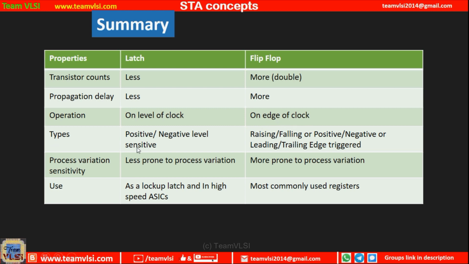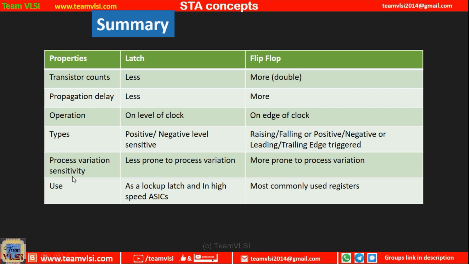Types: latches are generally positive or negative level sensitive latches. Flip flops, we say, are rising or falling, or positive or negative, or leading or trailing edge triggered flip flops.